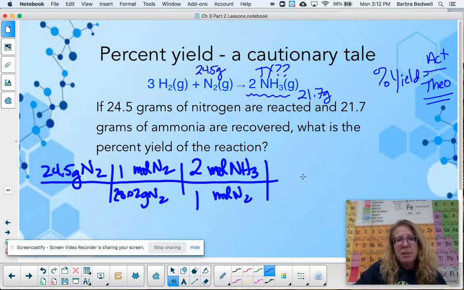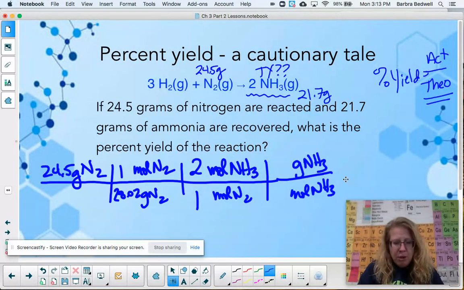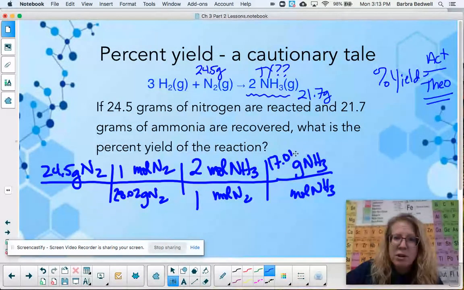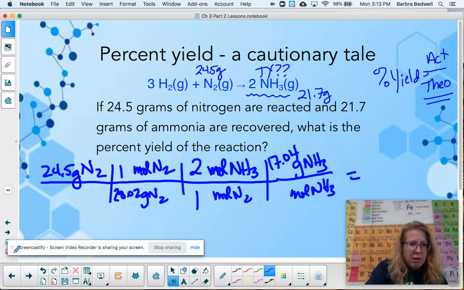And then the last step is moles to grams, moles of NH3 to grams of NH3. With this one, again, make sure you use your full formula: 14.01 plus 3 hydrogens, 3.03, gives us 17.04 as the molar mass of ammonia.